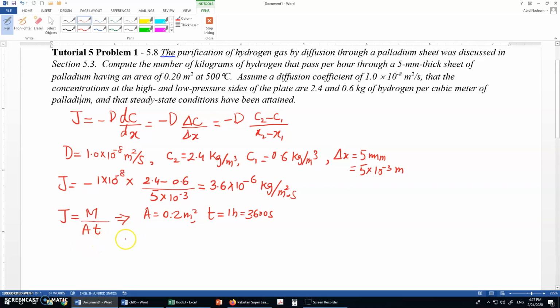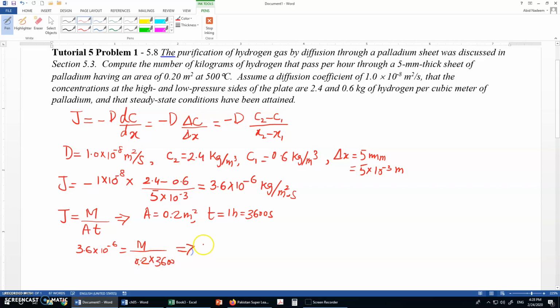So if we input these values, the value of J, 3.6 × 10^-6, is equal to m divided by 0.2 times 3600.